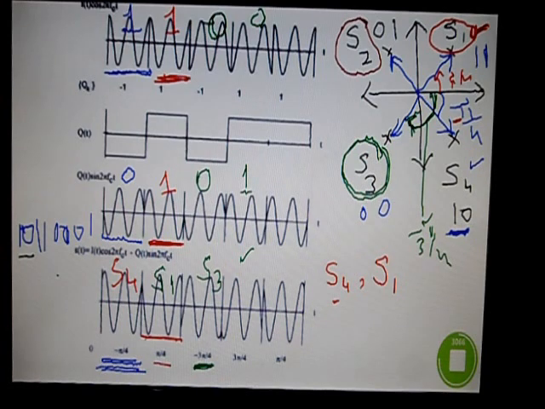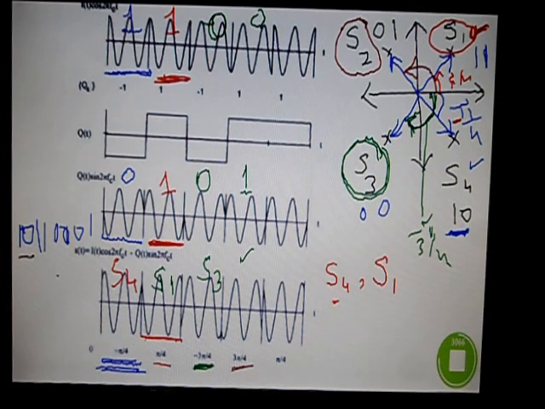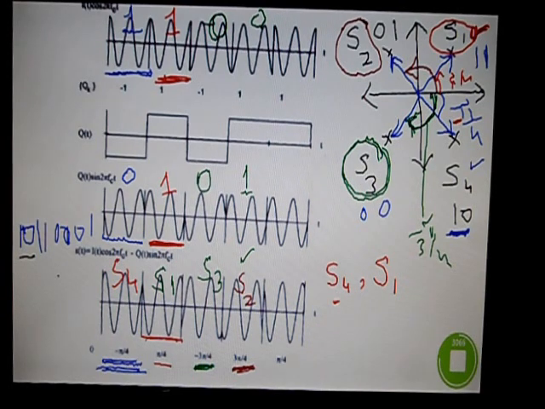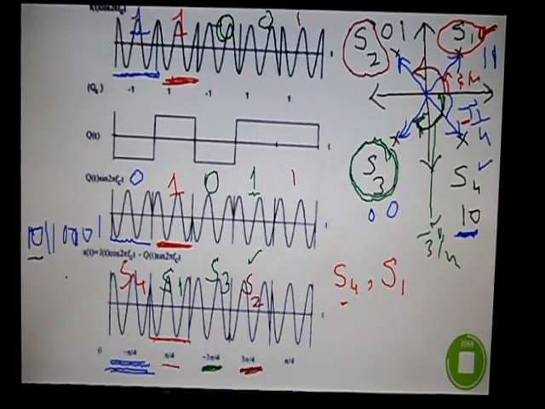So in our constellation, S2 is at an angle of 3 pi by 4. So this is actually our S2. And in the last symbol, which is 1 here and 1 here, again 1, 1, we are transmitting S1, which is at an angle of pi by 4, which we saw.